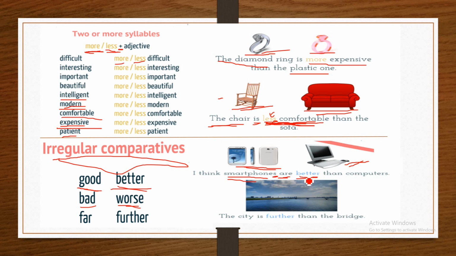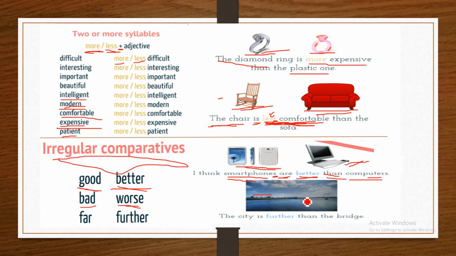It is an irregular comparative. Than is always used in comparatives for comparing two objects. Than computers is the second object.